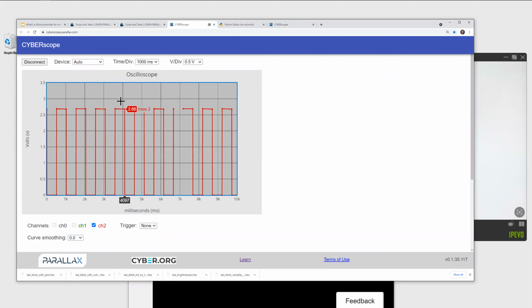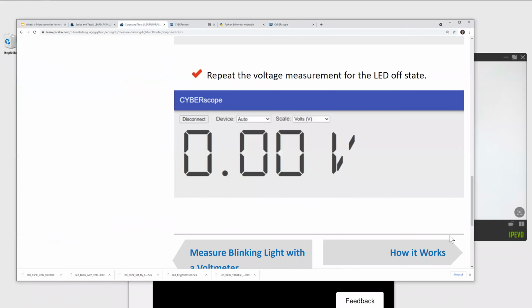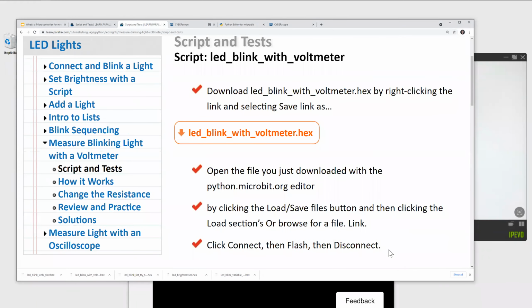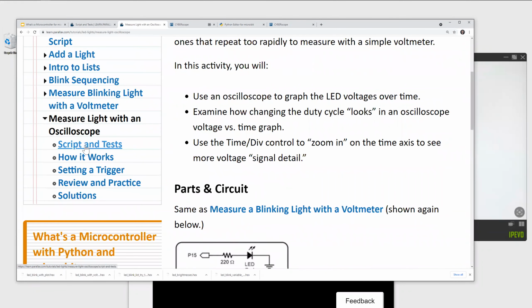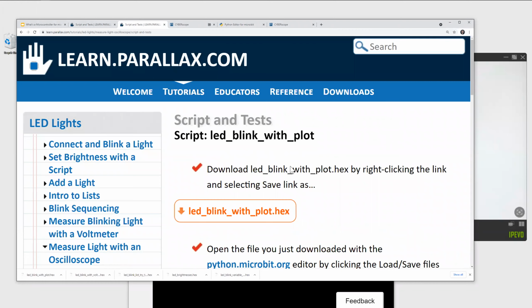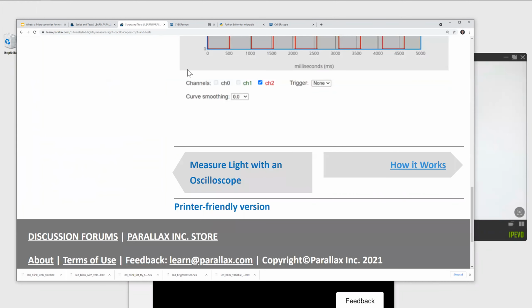So the activity that follows the basic one that we did on this page has you, actually I need to refresh my memory on that. Okay, oscilloscope. We just did the basic script and tests, I believe. So we set it to 500 milliseconds per division.